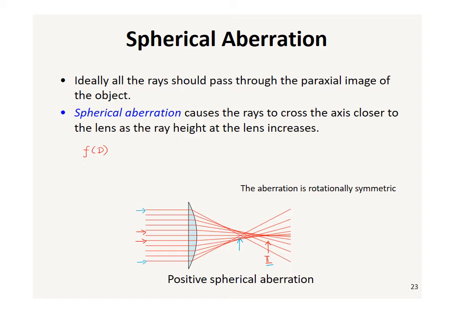The distance from the marginal ray focus to the paraxial focus is known as the longitudinal spherical aberration.